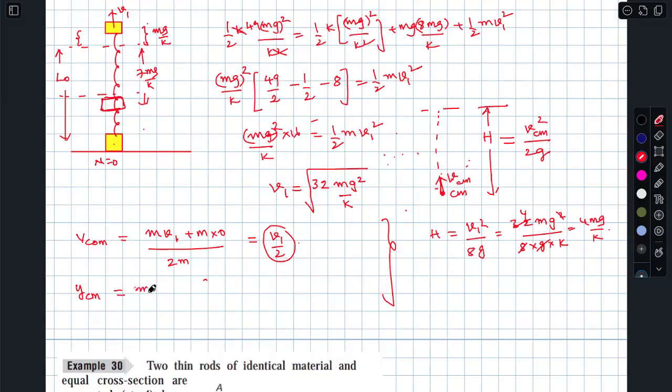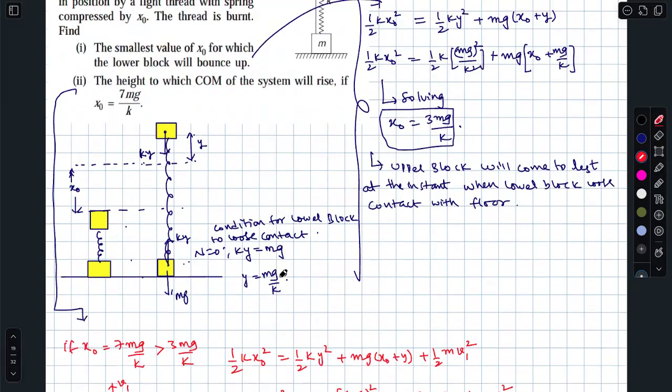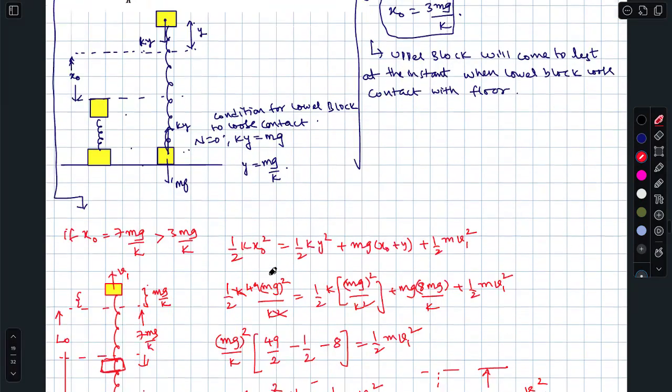See, I should write this as m times L naught minus 7 mg by k plus m into 0, by 2m. So this is going to be, m cancels, L naught by 2 minus 7 by 2 mg by k. That is the initial at the time of release. The height to which the center of mass will rise if x naught is equal to 7 mg by k.